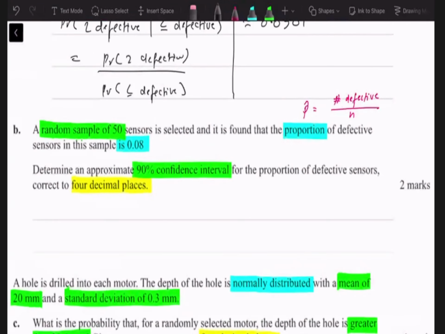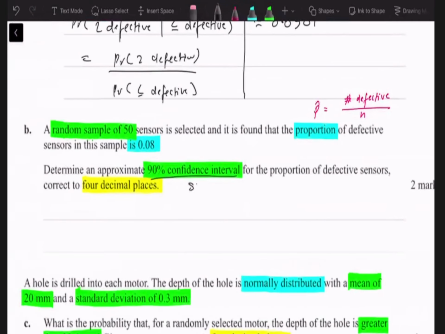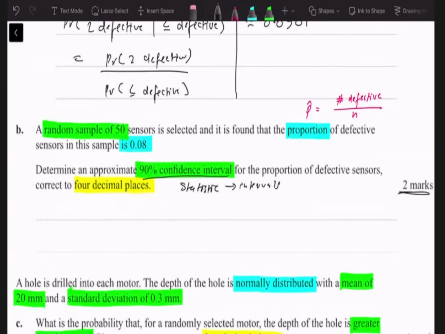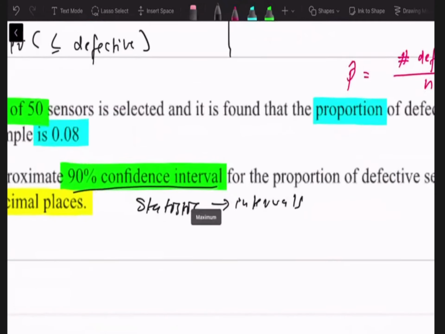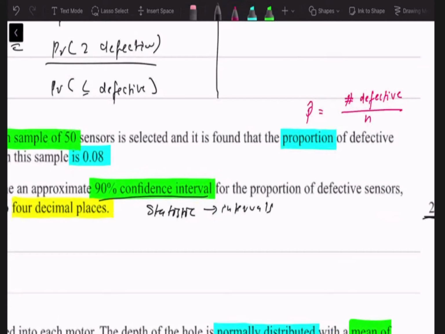Now we've gone to sampling, and it's asking for a 90% confidence interval this time. You could either use your CAS function that's in statistics, just go to intervals and go from there. That's probably easier because then you don't have to figure things out. But this question is 2 marks, so you might want to write your equation. If you ever don't remember what the values for the different intervals are, just go to inverse norm in your calculator and let the probability equal 0.9.